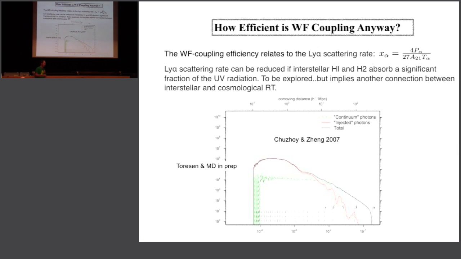This is a master's student in Oslo who did these calculations a while ago. What he showed is that if you account for this interstellar absorption of these UV photons, or just a simplified model of it, it's amazing what the effects are for the overall Lyman-alpha scattering rate away from the galaxy. It can go down by orders of magnitude.